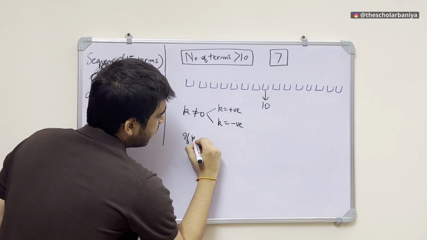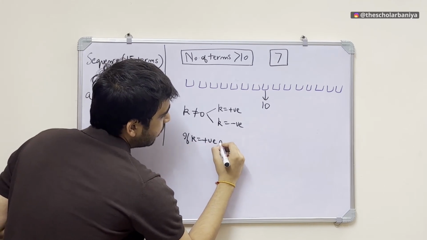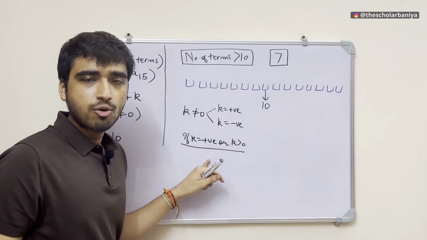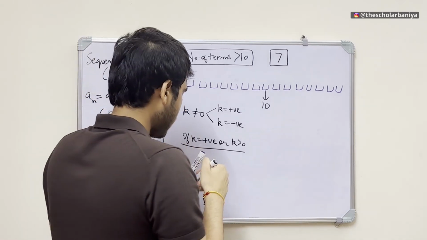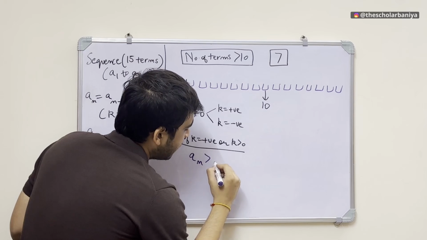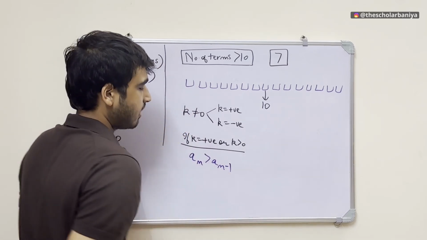If k is positive, or k is greater than 0, then an will be greater than an-1. I hope this should be clear.